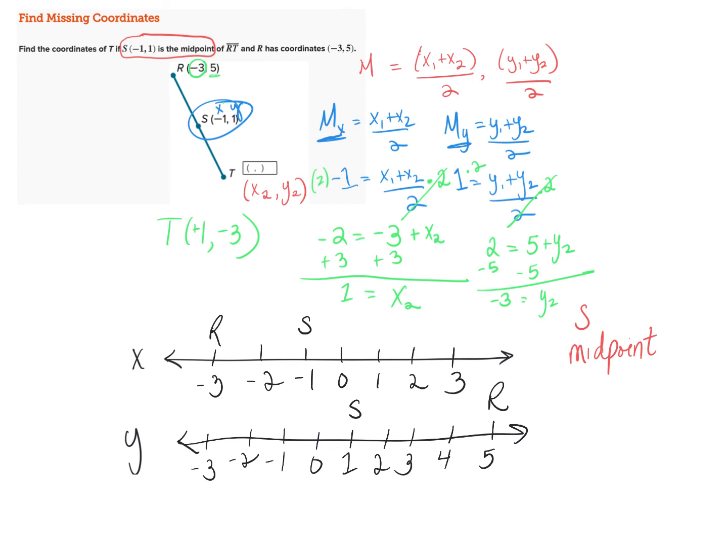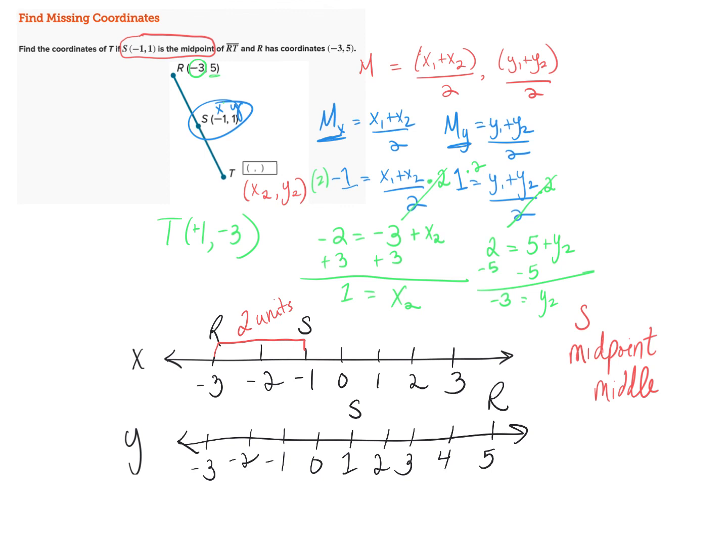So that means S is the middle of the line segment itself. So from R to S, if we count, that has a length of 2 units.